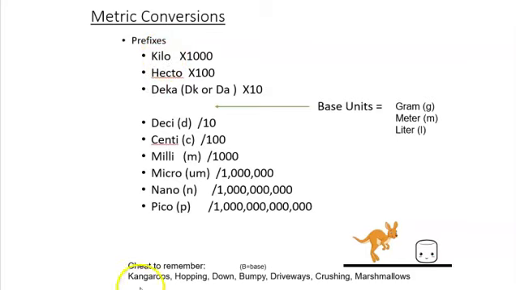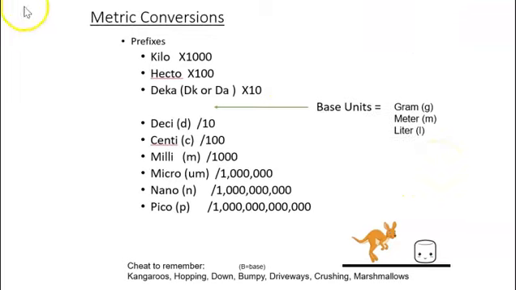So kilo correlates with kangaroos, hecto correlates with hopping, deca correlates with down, deci correlates with driveways, centi correlates with crushing, and milli correlates with marshmallows. And then you just have to commit the micro, nano, and pico to memory. And of course the B in our little saying correlates to our base units. And our base units again are grams, meters, and liters.